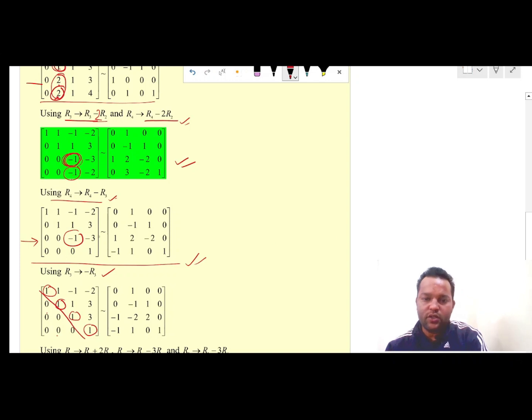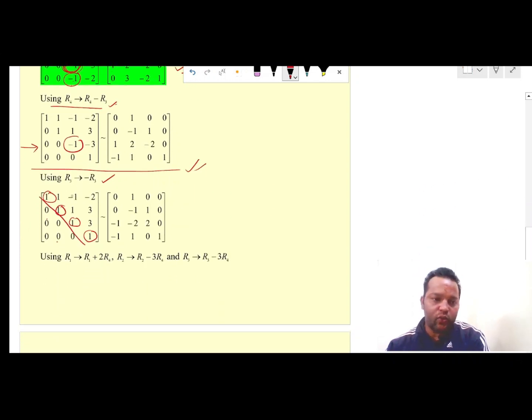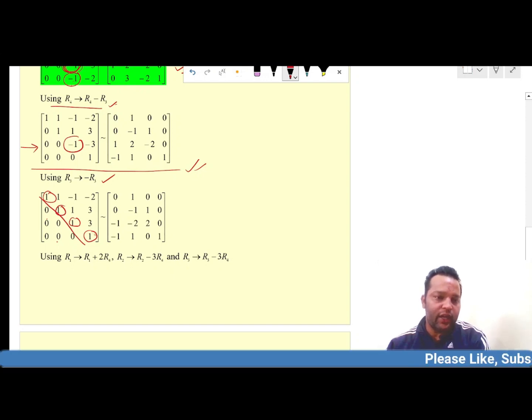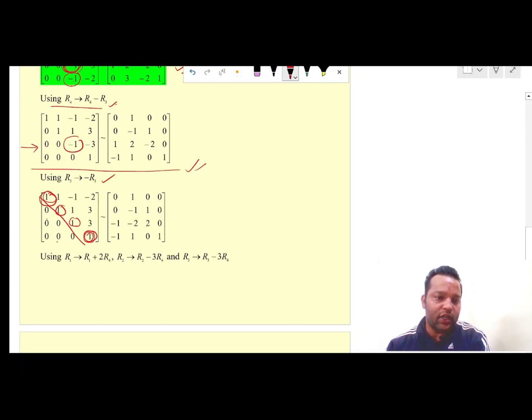Our objective is to reduce matrix A into the identity matrix. So the same sequence of operations is now applied in reverse order, starting from the last element. First, our objective is to reduce these entries into 0 with the help of this 1.